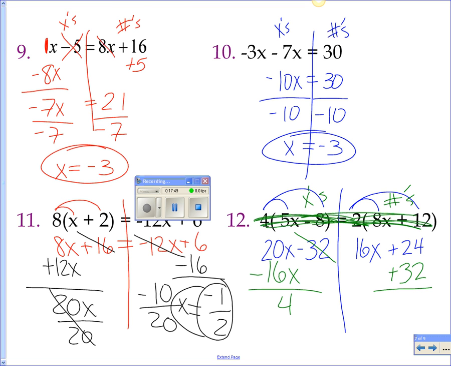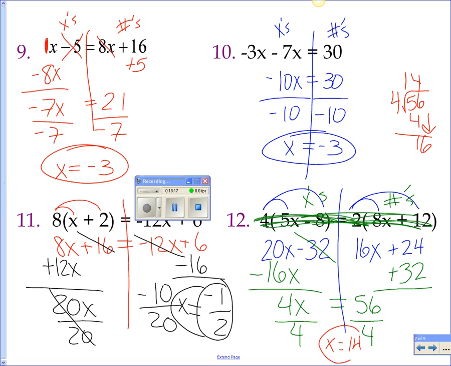All right, so I get 4x. Over here I get 56. And divide by 4. Oh boy, I get to do some long division. Yeah, that's exciting. I love it. 4 goes into 5. And 4 goes into 16. So x equals 14.